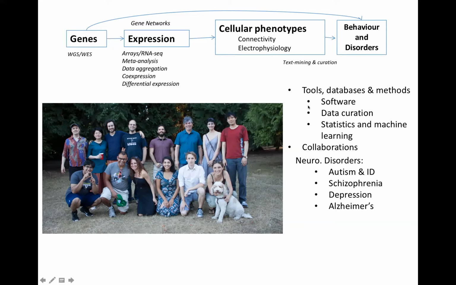So that includes developing software. We do a lot of data curation. We apply a lot of statistics and machine learning methods, and we also apply the tools and methods that we develop to analyses of data sets that either are generated through collaborations that we have or from publicly available data sets. And I'll talk a little bit about some of the reanalysis work that we have done.